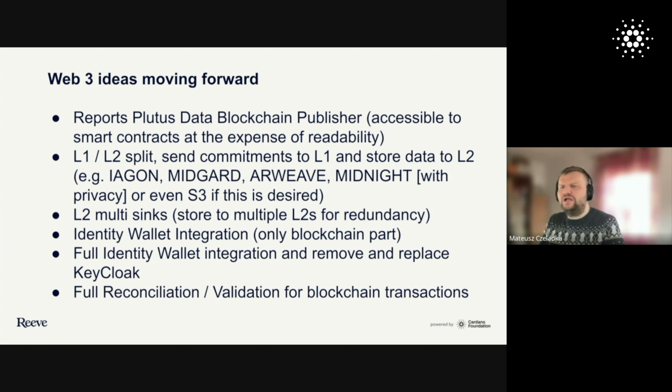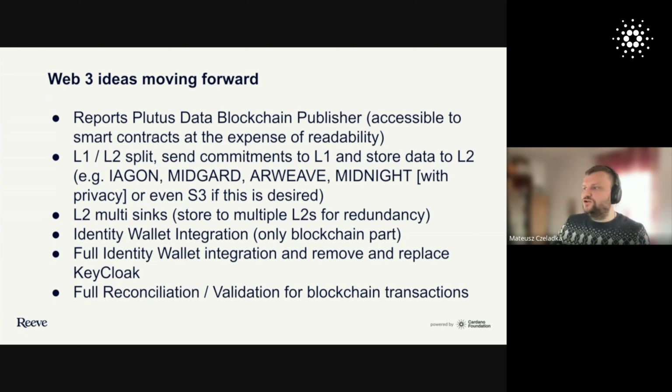So there are a lot of ideas for what we could do to have a layer 1, layer 2 split, or a layered approach or something like that, something that gives us the possibility for a larger throughput for the data availability layer. But here the sky is the limit, really. It can be Ion, it can be Midgard, it can be Reeve, it can be Midnight, and we could experiment with some of the ZK and privacy features, especially for those transactions that, due to legal and compliance reasons, we simply cannot put on chain.